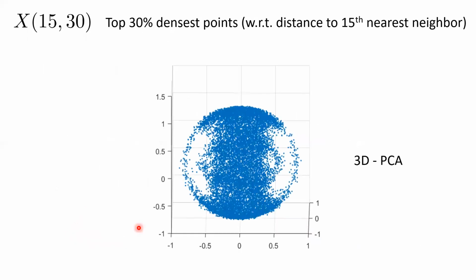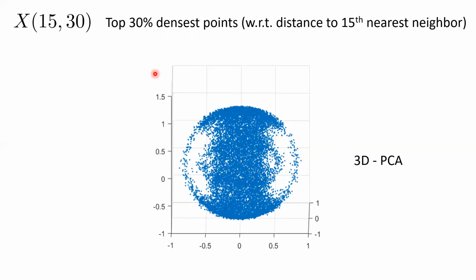And here's what they found. For example, if you look at the top 30% densest points in the data with respect to computing distance to their 15th nearest neighbor, then a simple PCA of that region of the data looks like this. I just did a 3-dimensional PCA here, nothing complicated.